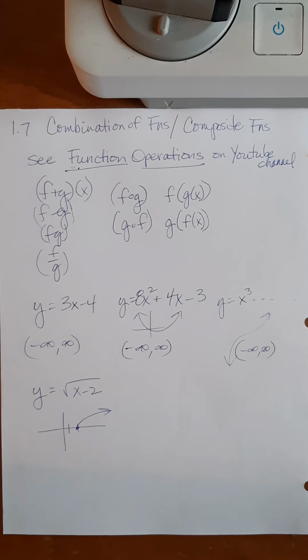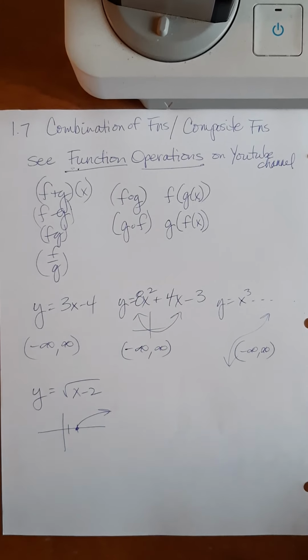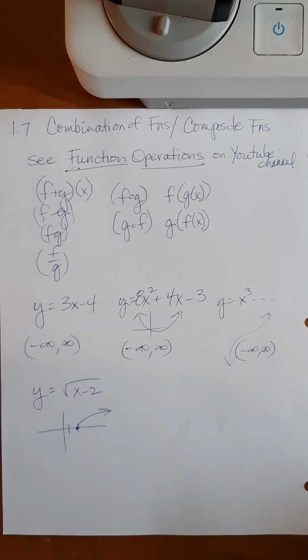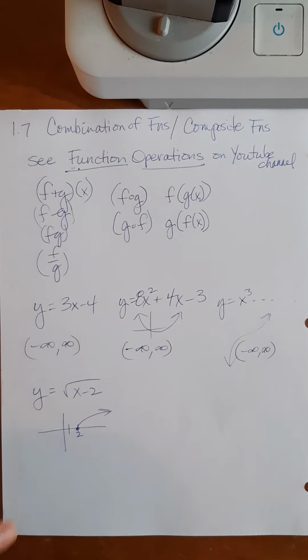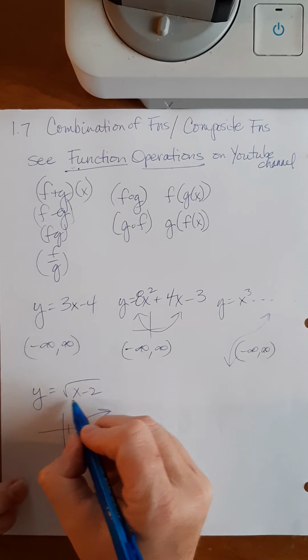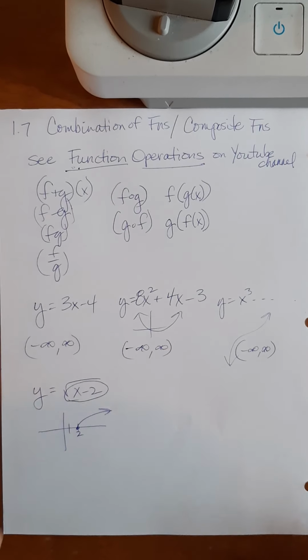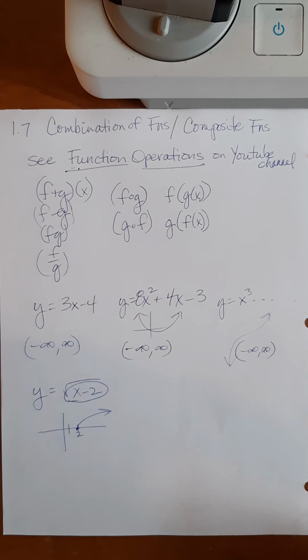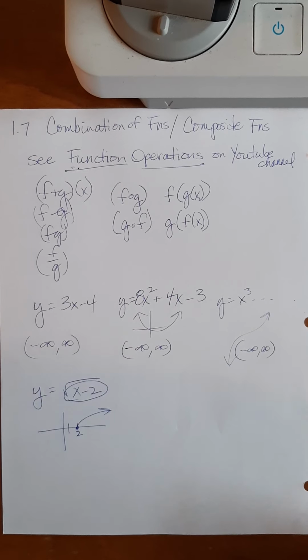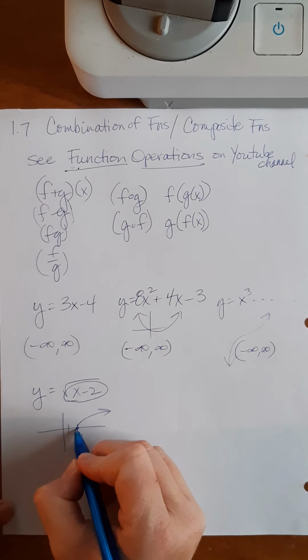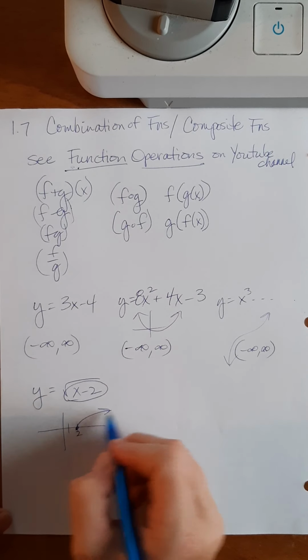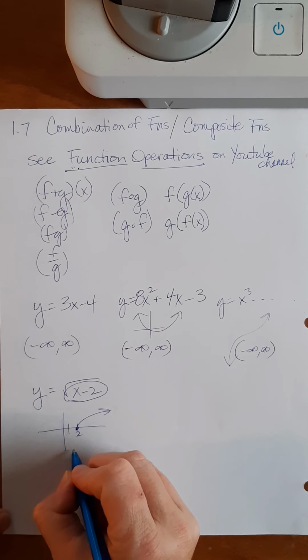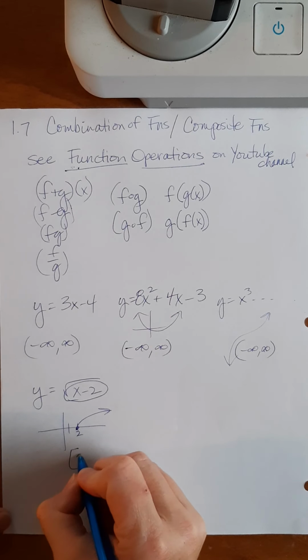Well, on this one, notice where does the graph start on the x-axis? It starts at 2, which is also what makes this 0. So that's why with the square roots, you really don't have to graph them. You can just look to see what makes it 0, and it's going to start there and go to the right. So its domain will be 2.